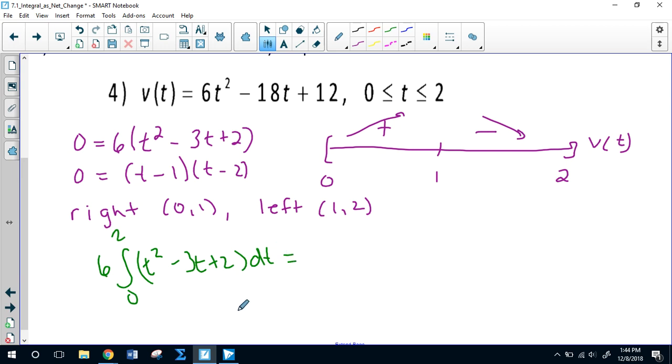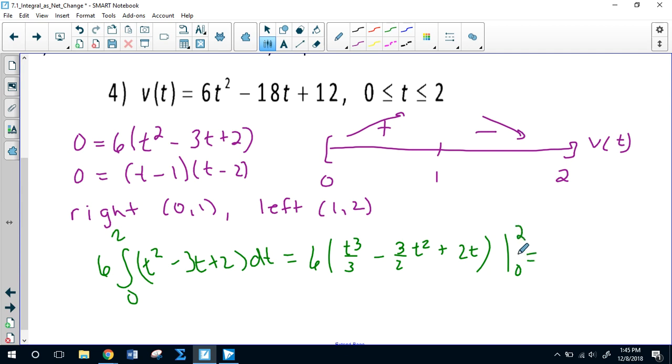I'm going to show you the steps, but I'm not going to spend a lot of time on them because I know that you could do this on your own. So stop the video if you need time to actually figure this out yourself. So this is 6, and then it is t cubed over 3 minus 3 halves t squared plus 2t from 0 to 2.